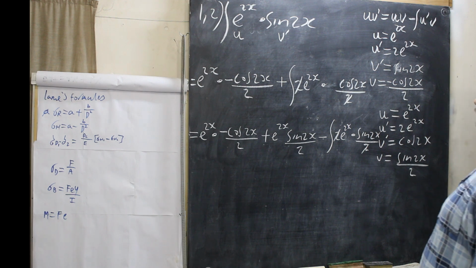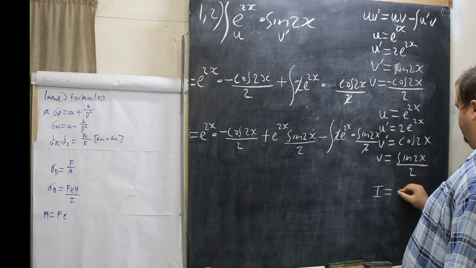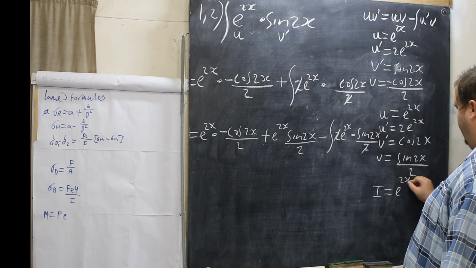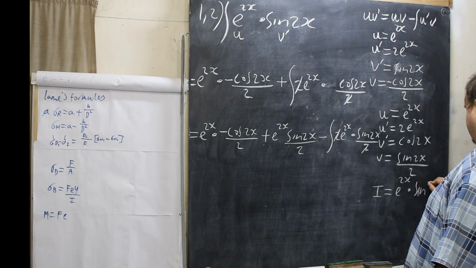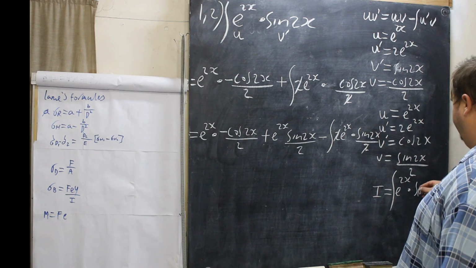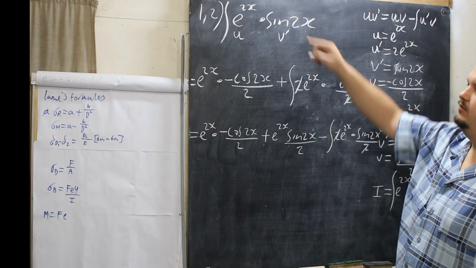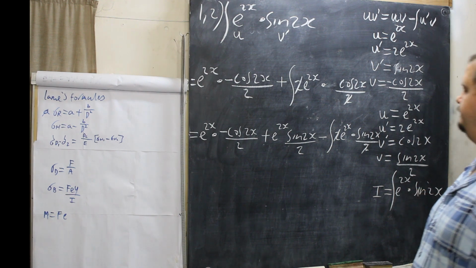Right, so in this case I equals the integral of e to the 2x times sine 2x, because what's happened is we've ended up in exactly the same place as where we started. So that's why I have I here.